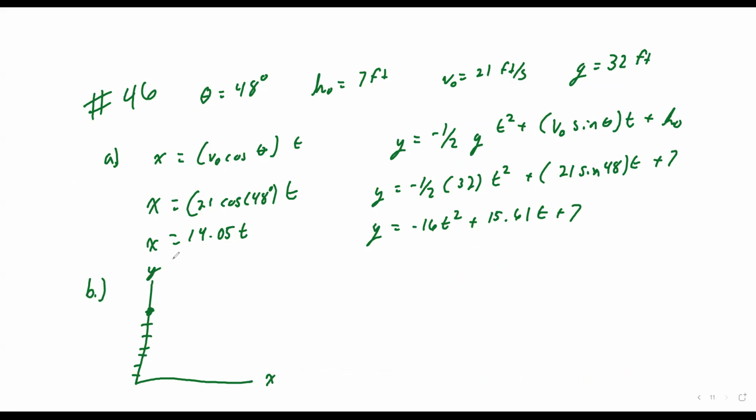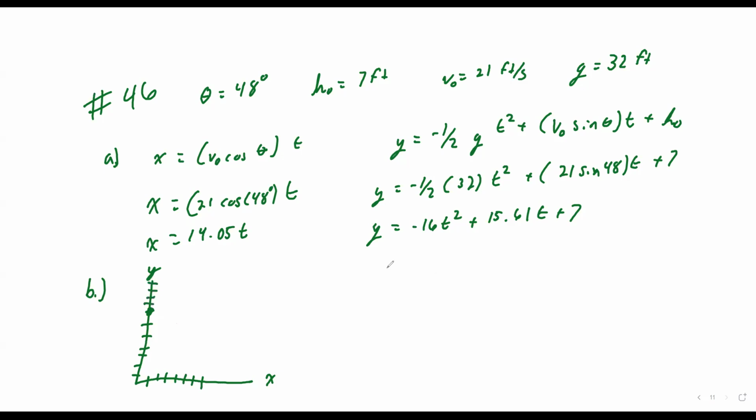If I go at 0.5, I got 7.03 and 10.8. So 1, 2, 3, 4, 5, 6, 7, and 10.8. So that's going to be 8, 9, 10, 11.